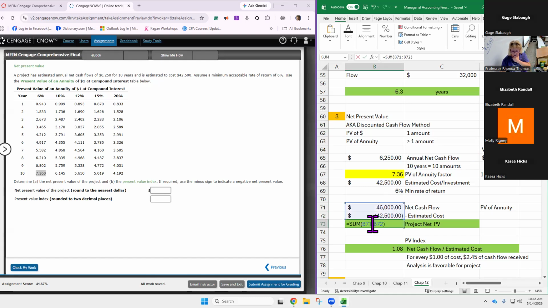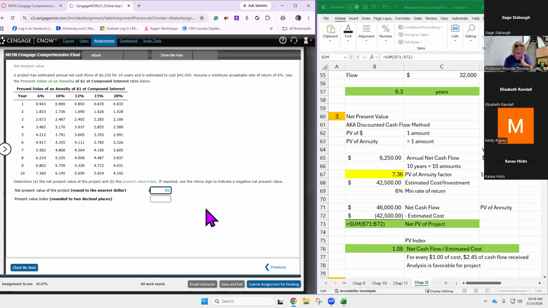And it looks like we've got the net present value of the project. So it looks like it's $3,500 if I've got things in here correctly.